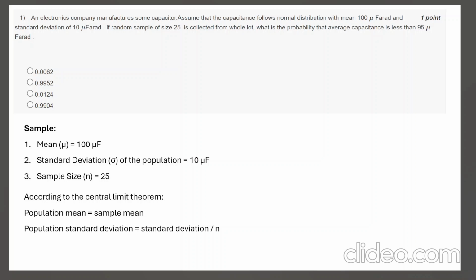Assume the capacitance follows a normal distribution with a mean capacitance of 100 microfarad and a standard deviation of 10 microfarad. A random sample of size 25 is collected from the whole lot, which means the sample size is 25.